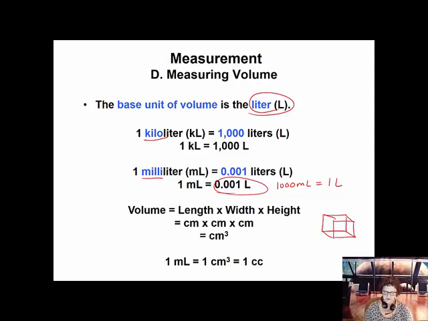Okay, and so if you want to get the volume of a cube, you say the length times the height times the width. All right, length times width. And if you're doing that in centimeters, since you're doing 1 centimeter times 1 centimeter times 1 centimeter, you end up with 1 centimeter cubed, because 1 times 1 times 1, that's 1 cubed, okay, but it's still 1.